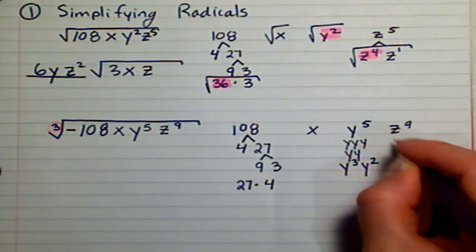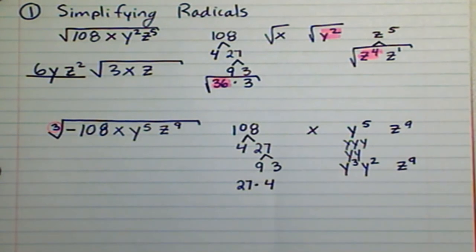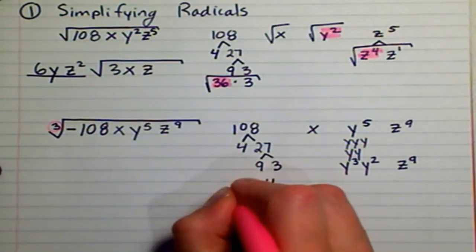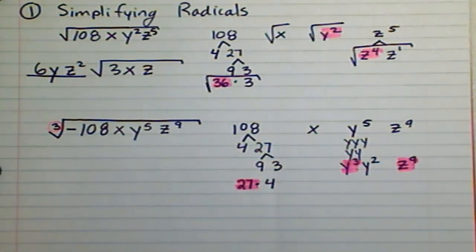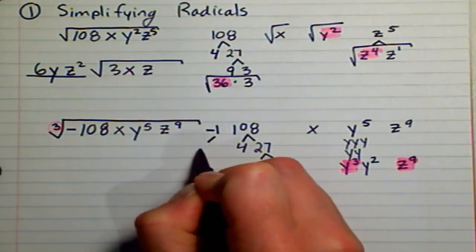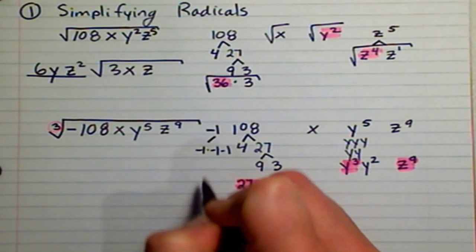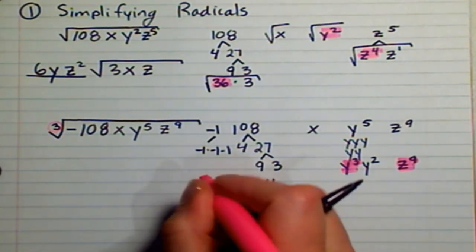Okay, 3 of a kind. That's z to the ninth, because there's 9 z's. So I'm going to highlight my perfect cubes. Okay, and, oh, I forgot the negative. -1 is actually a perfect cube.